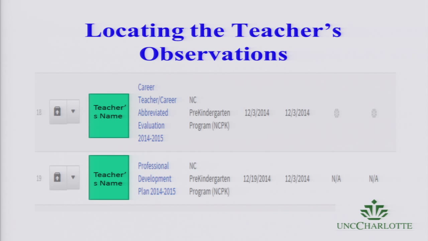If you're going in the system for the first time or have worked on another teacher's data, click on the Staff Evaluations tab to find the teacher. When you see the two rows, click on the teacher's name next to Probationary Teacher Evaluation 2014-2015, that's for SP1 teachers, or Career Teacher, Career Abbreviated Evaluation 2014-2015 for the SP2 teachers.